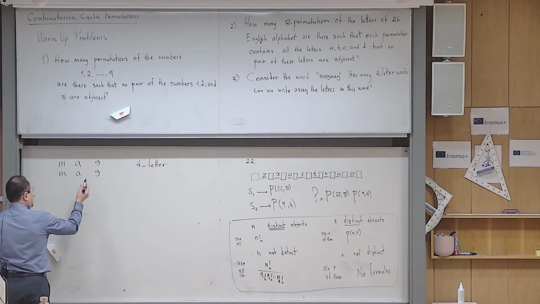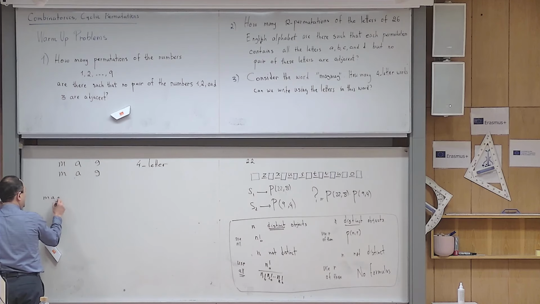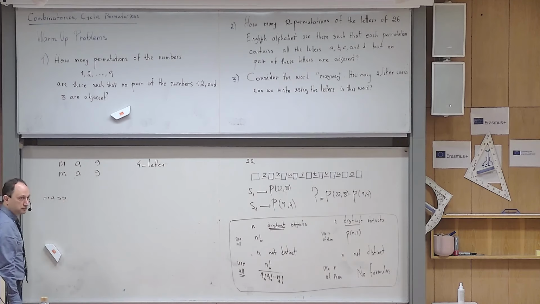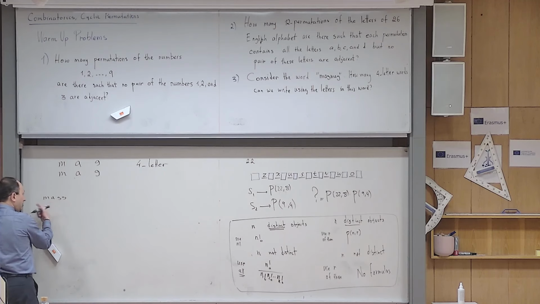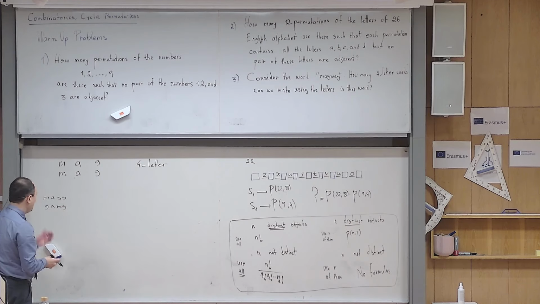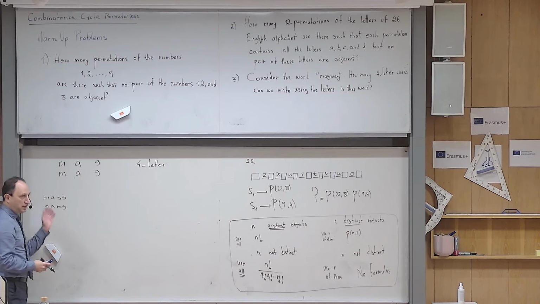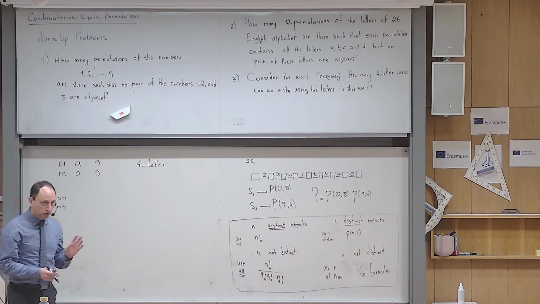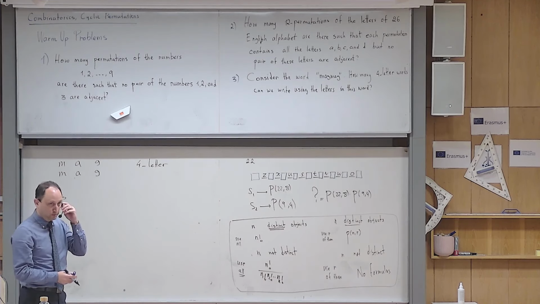Repeating 1 letter, for example, M, A, G, G is one of them. For this one, I also have different options. I can write G, A, M, G again, okay? In any of these, only 1 letter is repeated. Can you tell me in how many ways I can write a 4-letter word in which 1 letter is repeated?